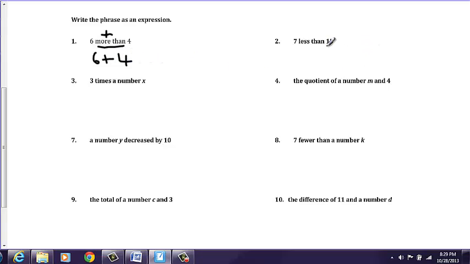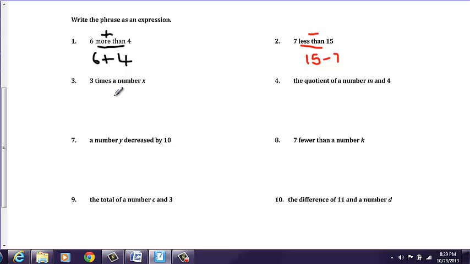Let's go ahead and try the second one. In this case, it says less than, which means it is a subtraction problem. Now, 7 less than 15. So I know that 15 goes in the front, and then you take away 7 from it.